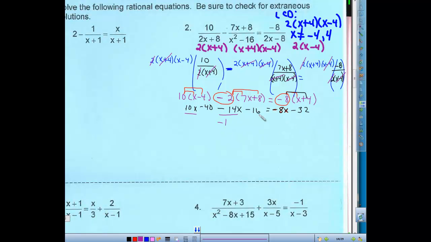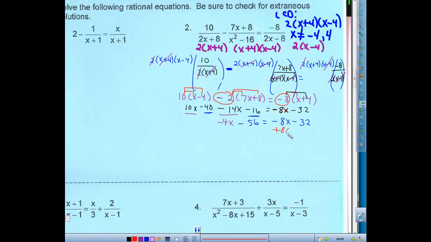Let's combine like terms on each side of the equal sign. 10 and negative 14 is negative 4x. Negative 40 and negative 16 is negative 56. And on the right side is good. Now let's bring the number terms to one side and the variable terms to the other.